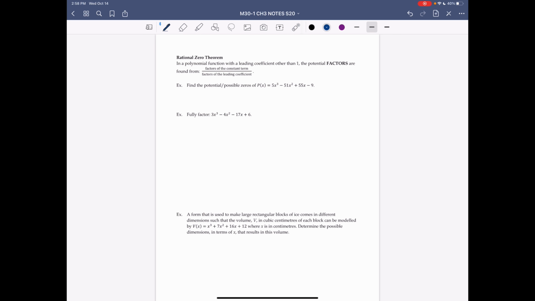Rational zero theorem. In a polynomial function with a leading coefficient other than 1, the potential factors are found from taking the factors of the constant term and then dividing those by the factors of the leading coefficient. Example, find the potential possible zeros of P of x equals 5x cubed minus 51x squared plus 55x minus 9.